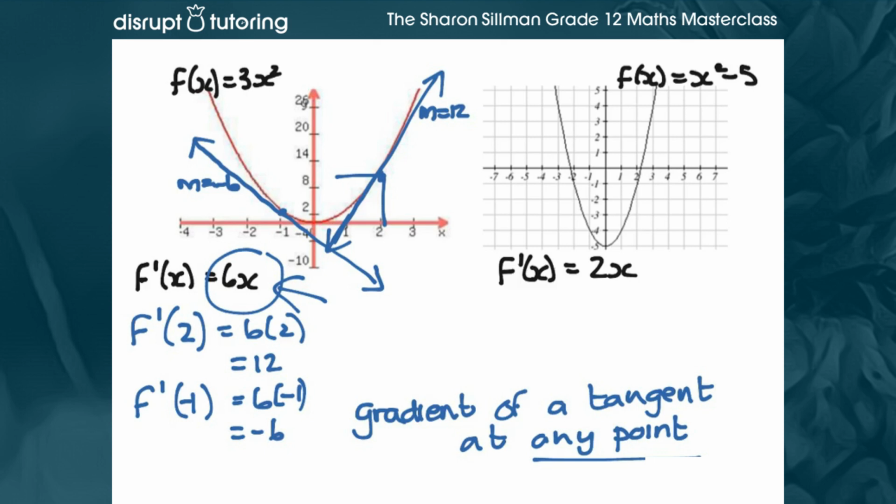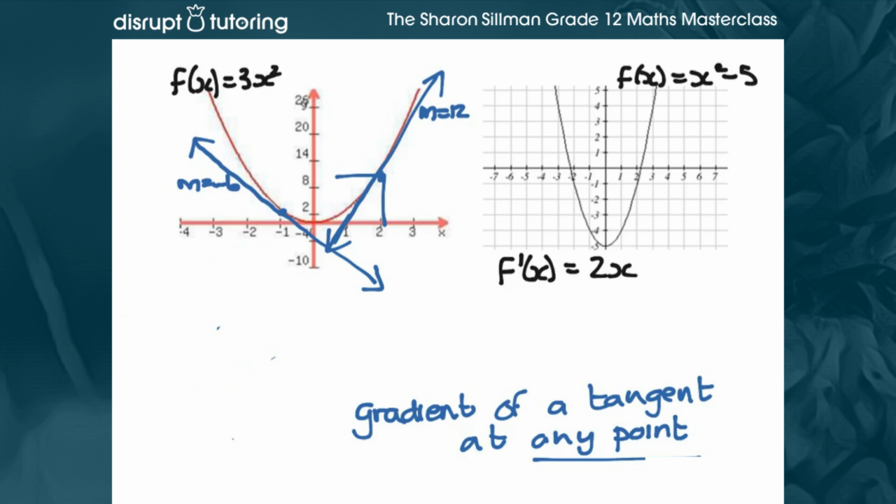Let's have a look on this side at the other function and do a similar thing. Perhaps I'll choose the point where x is 1, this point here. If I draw in a tangent there, I can find its gradient by using the derivative.